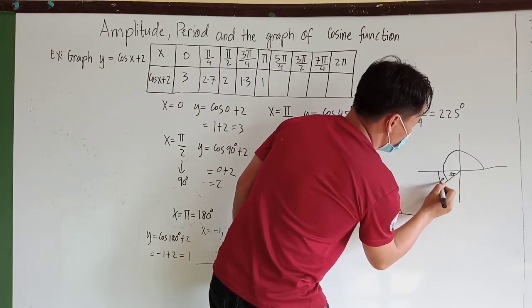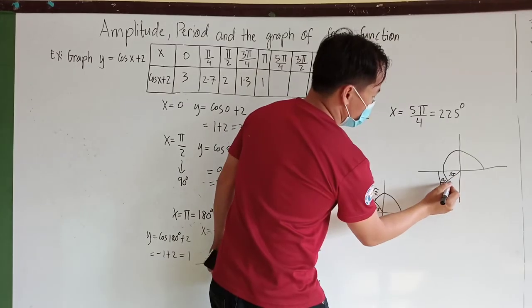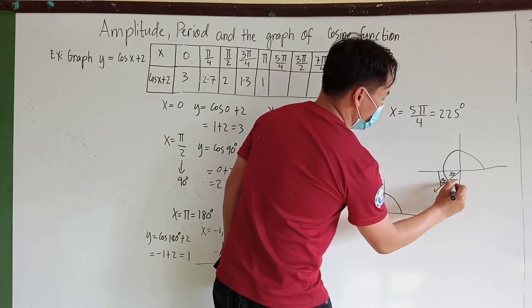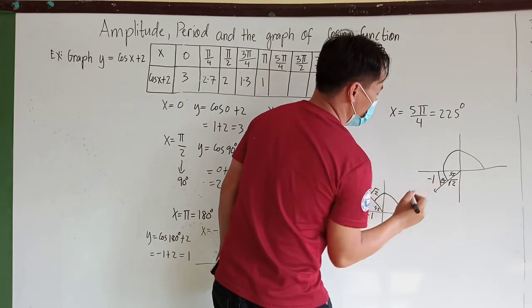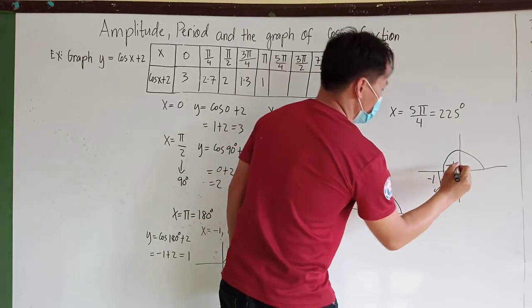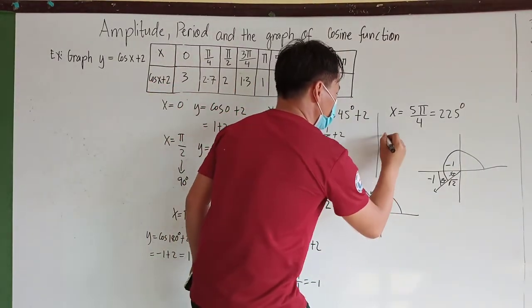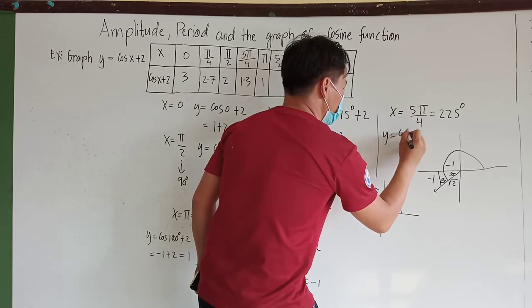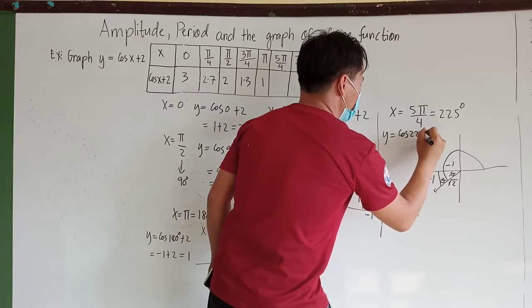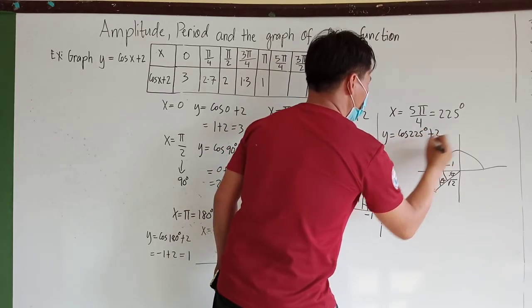This angle also is 45. And we have this measurement as square root of 2, 1, negative 1. This one also is negative 1. Okay? So therefore, we have here y is equal to cos of 225 degrees plus 2.